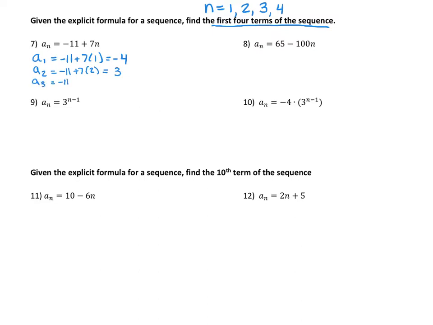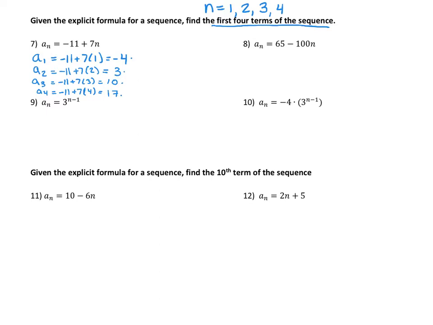A3 is negative 11 plus 7 times 3, which will be 10. And A4 is negative 11 plus 7 times 4. So 17. So this would be term 1, term 2, term 3, term 4.